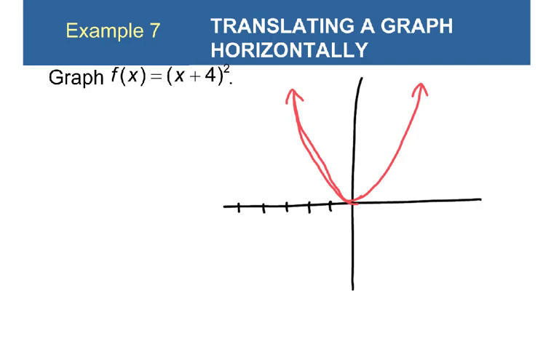So my vertex of my original function will move over 4, and so will every other point on this graph. It moves over 4 units. And the resulting graph looks like this. So it looks like our original function just moved over to the left 4 units.